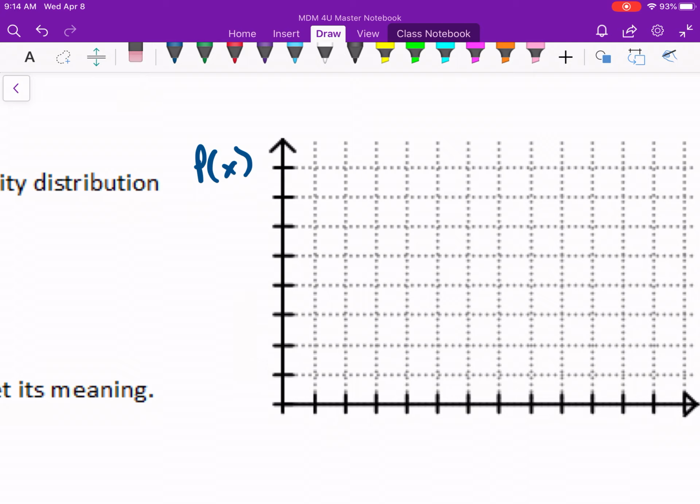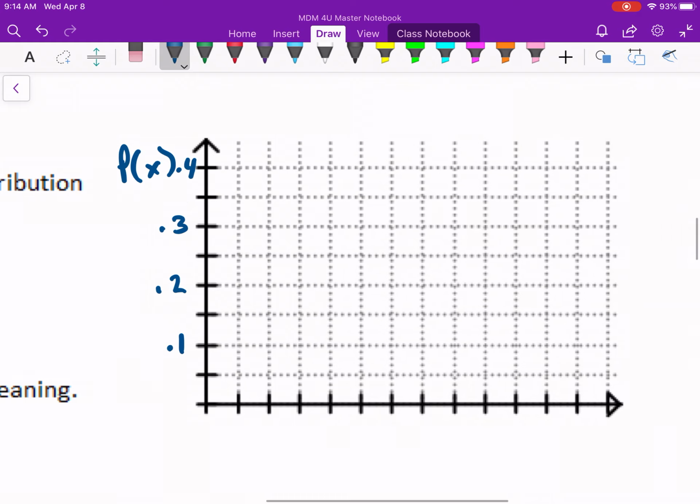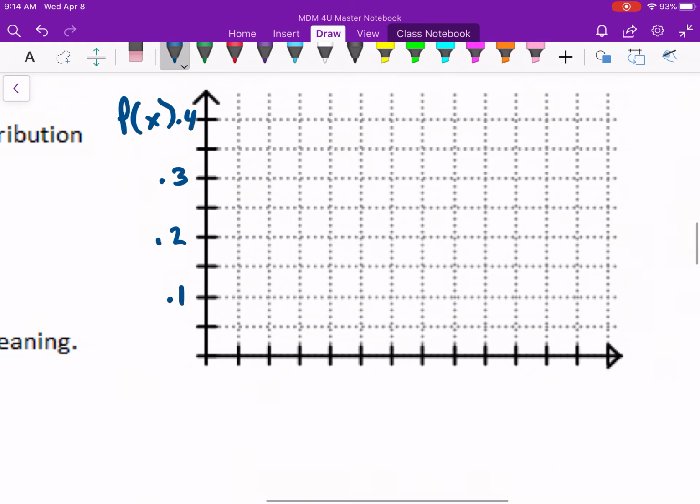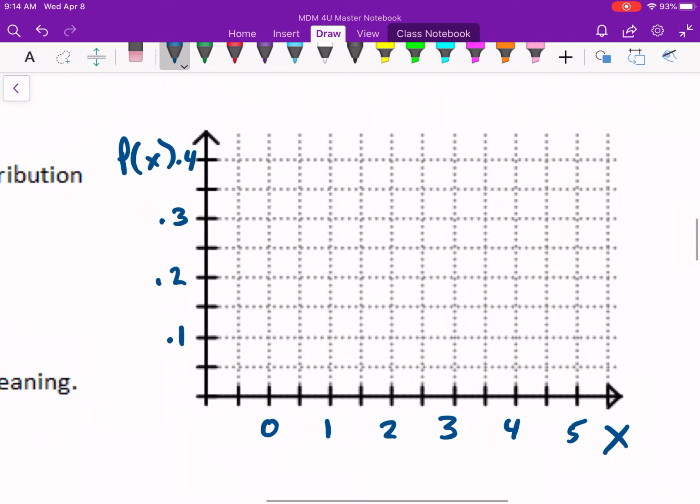So I'll make every double one be 10%. So there's 0.1, 0.2, 0.3, 0.4. And again, that's P at X. X would be my different possibilities. So my possibilities were 0 through 5, right? 0, 1, 2, 3, 4, 5. And then I can make bars to match what the height is.